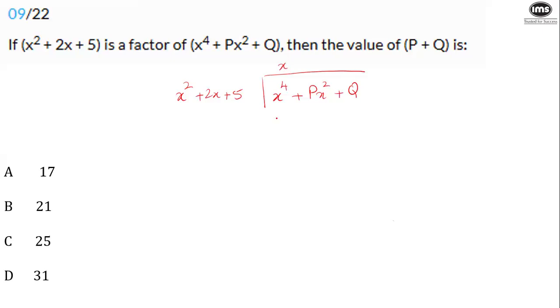The first part here is x square. So we have x square into x square plus 2x plus 5, which gives x to the 4 plus 2x cube plus 5x square. Change the sign and add. X to the 4 cancels out. We have minus 2x cube, and for the x square, the coefficient would be p minus 5.